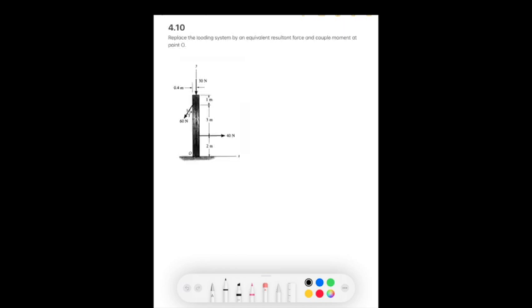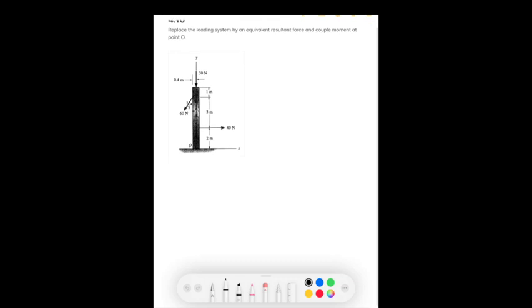In our second example, we again want to find the equivalent system. This time we have multiple forces acting, so we do need to add up all the forces. We know that the resultant force vector is equal to the sum of all the forces, and we can break that into the x and y components. So let's start with x. So the resultant force in the x direction is the sum of all the x forces.